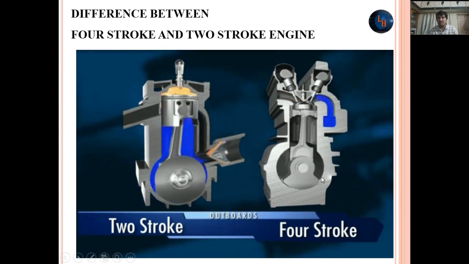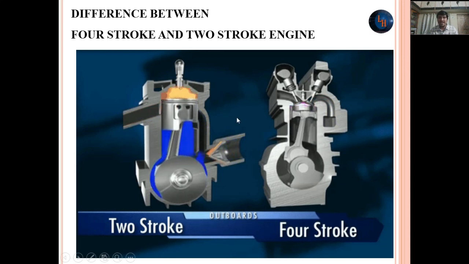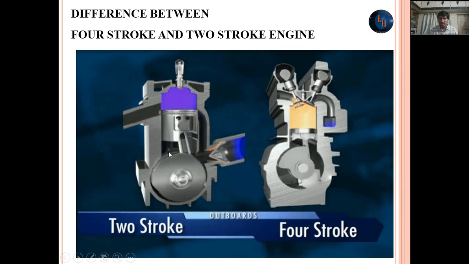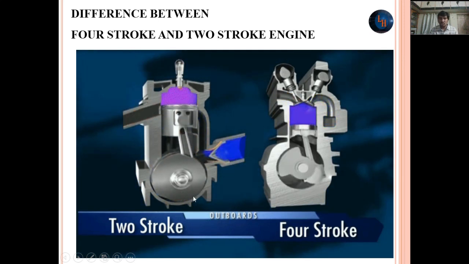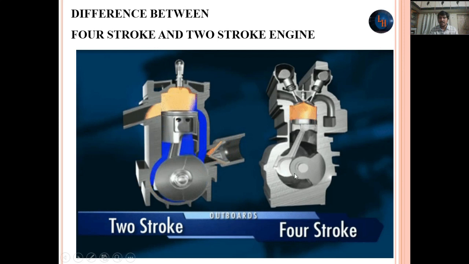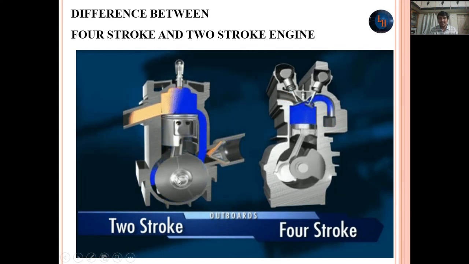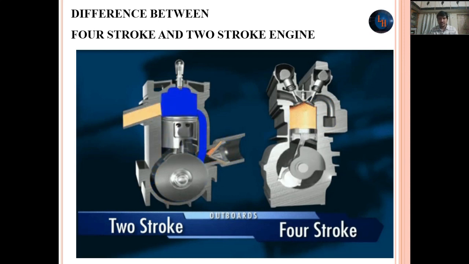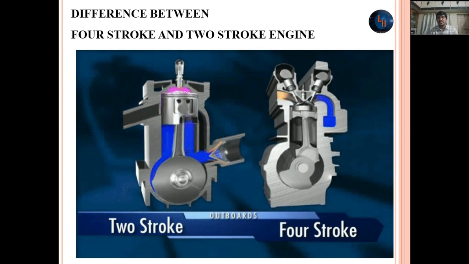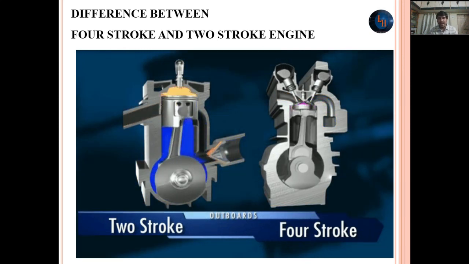The thermal efficiency of the four-stroke petrol engine is higher than the two-stroke petrol engine, but the mechanical efficiency of the two-stroke engine is higher than the four-stroke engine, because in the two-stroke engine the moving parts are fewer as compared to the four-stroke engine. These are the main basic differences between the two-stroke engine and the four-stroke engine.